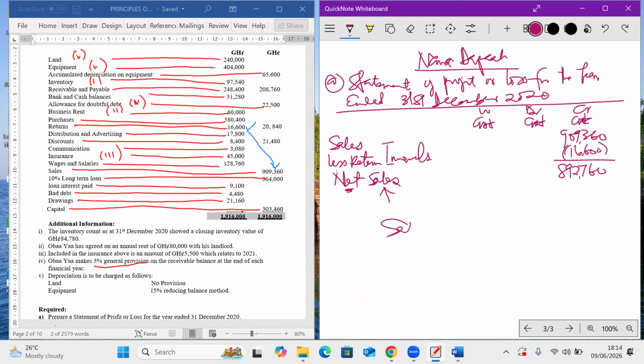So we had sales, something called return inwards was taken out from it, and the balance of the sales, 892,706, is called net sales. Do you get it? Yes.